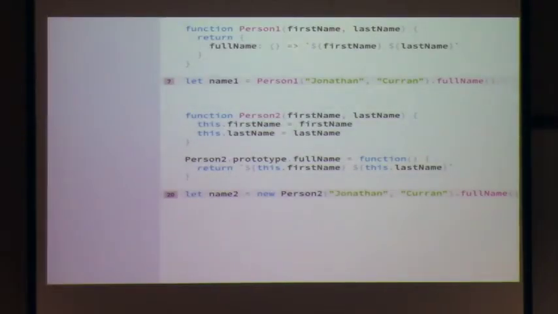Two things I want to cover first. Does everyone, all right, I'll give you all a second to look at it. Does everyone understand the difference between this function here and this function here?